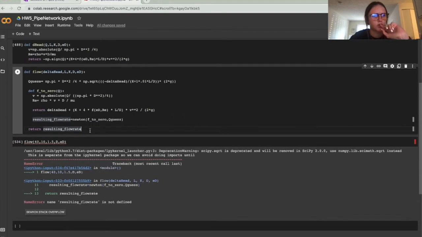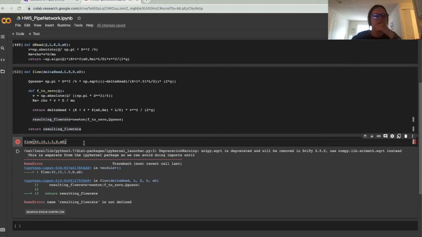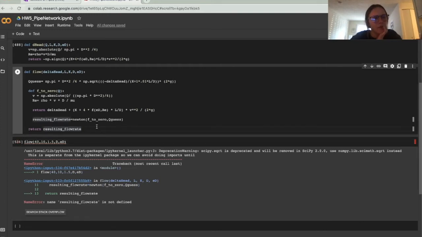It should be returning the resulting flow rate. We have D and ED, and the resulting flow rate is equal to the Newton. And it's not giving me anything.